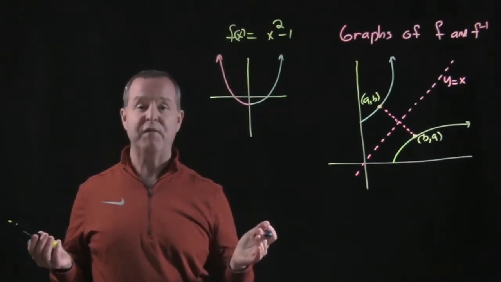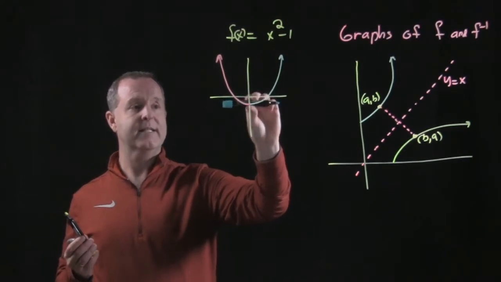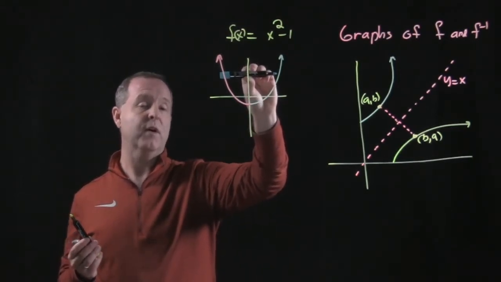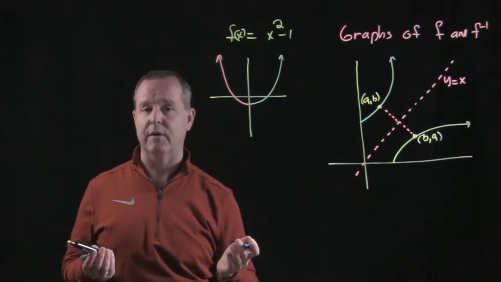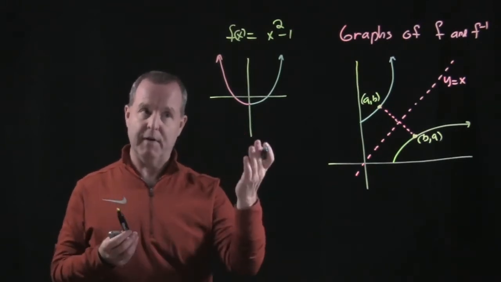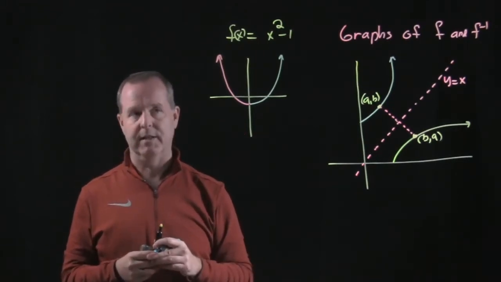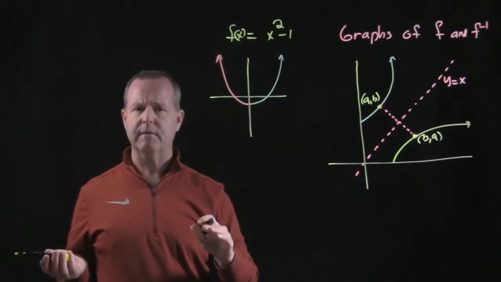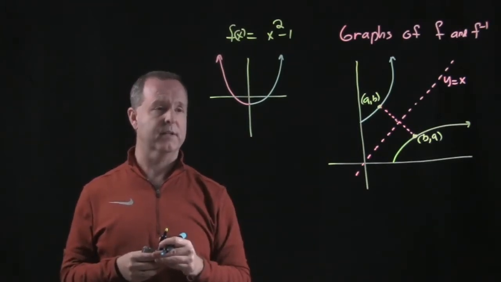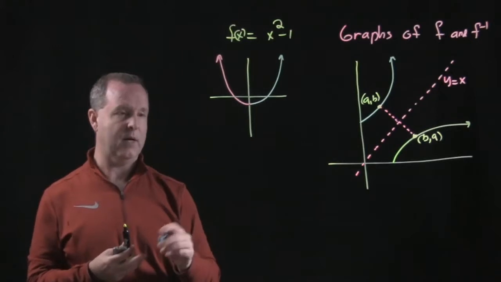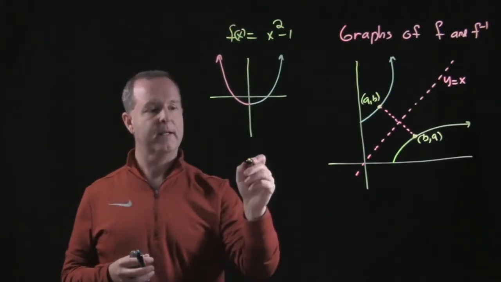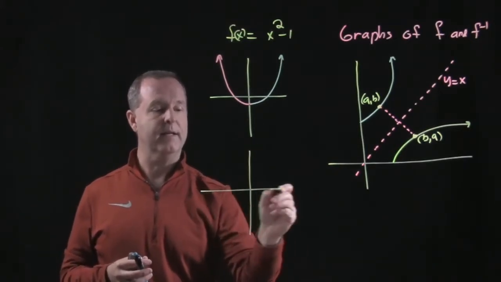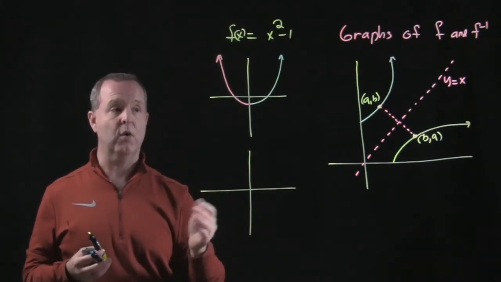All right, what do you notice right now with the x squared graph? Well, yeah, it fails the horizontal line test. It does not meet that objective, so therefore it doesn't have an inverse. It's a function, but it's not a one-to-one function. So how do we deal with functions that are not one-to-one functions? Well, we can work with them just on a part of the domain, or we can restrict their domain somehow.